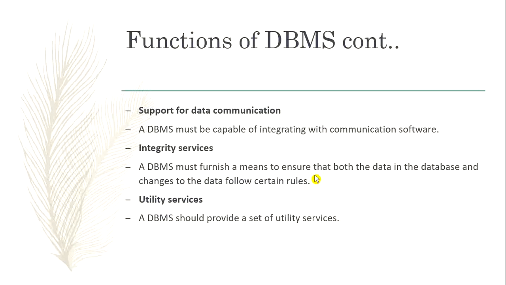Like if there is a constraint on salary, that the salary should be less than 50,000, no user can enter a salary amount that is greater than 50,000. So the DBMS should provide integrity services to ensure the integrity of data.